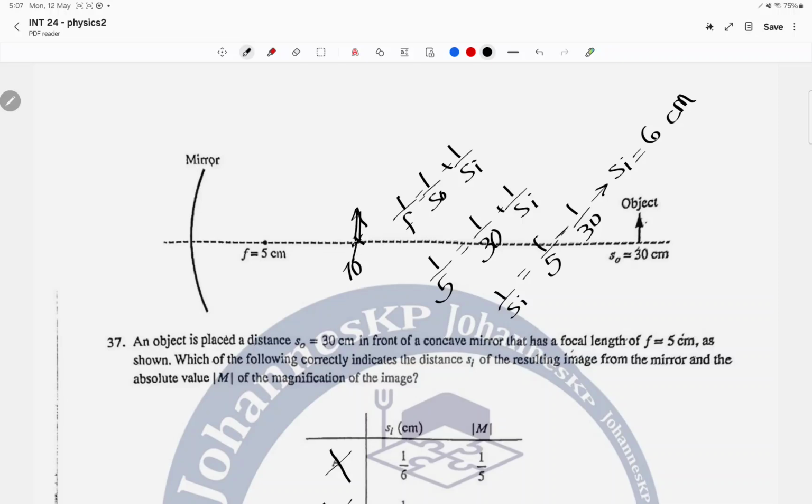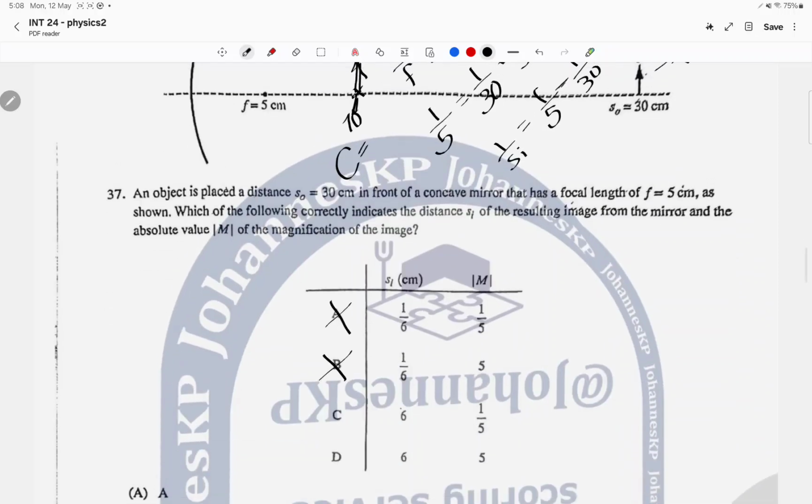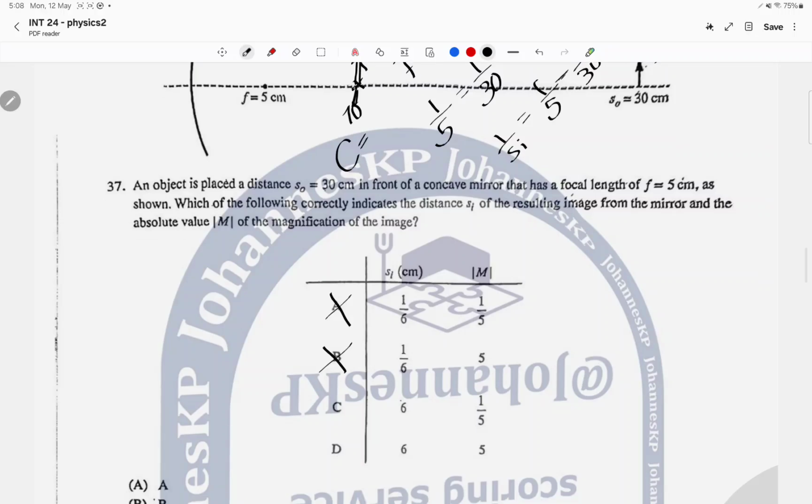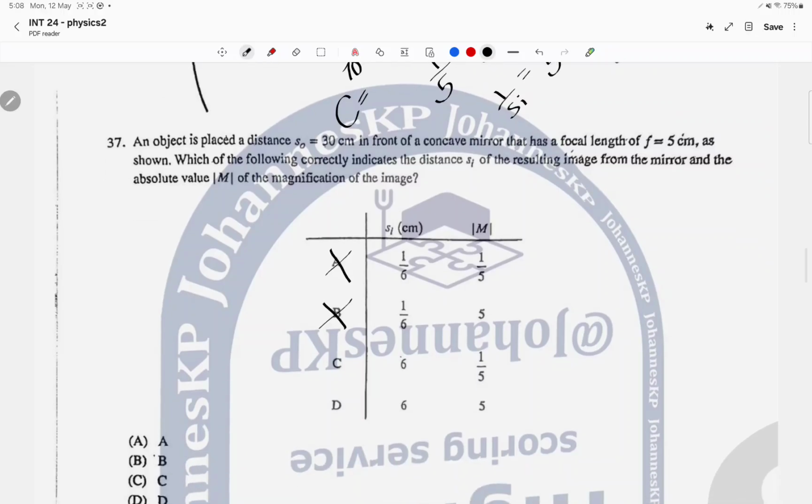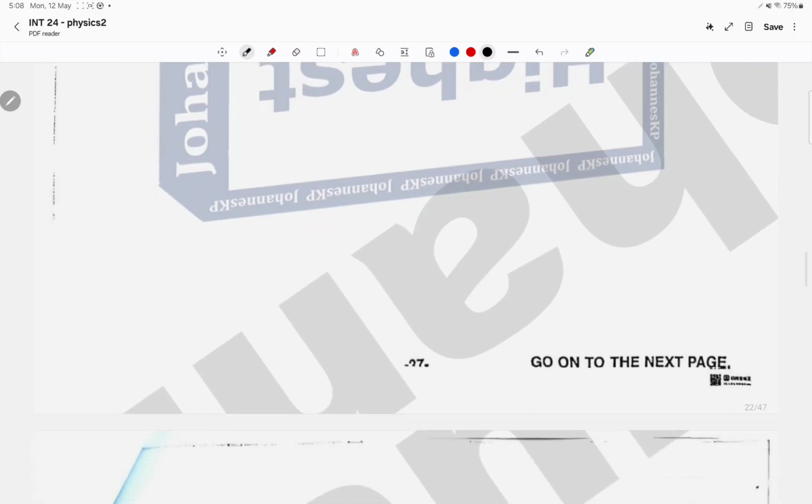But when it's farther away, magnification has to be less than 1. When it's at C, which is double the F, same size. But if it's more than C, it's less than 1. So it's far. So it has to be this one, C. Easy.